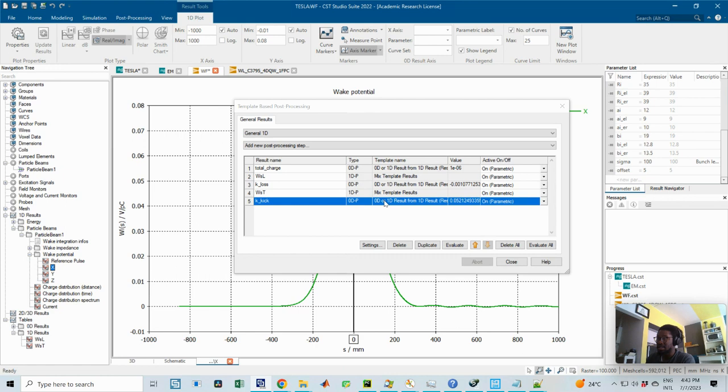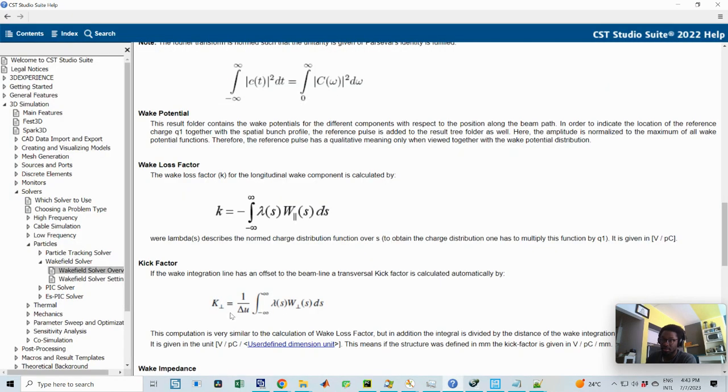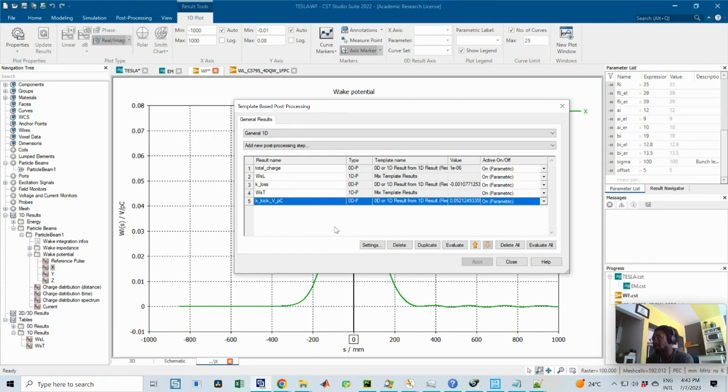So this integral is in voltage per picocoulomb, but we want voltage per picocoulomb per meter, which is why we have to normalize with the offset that we put. I put an offset of 5 millimeters, so that's the offset that you have here.